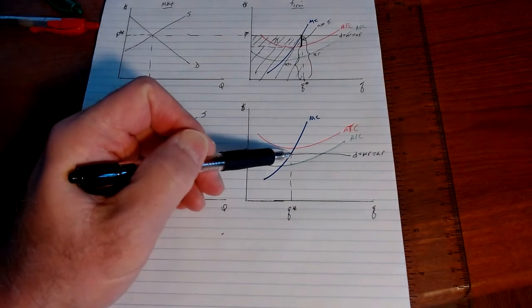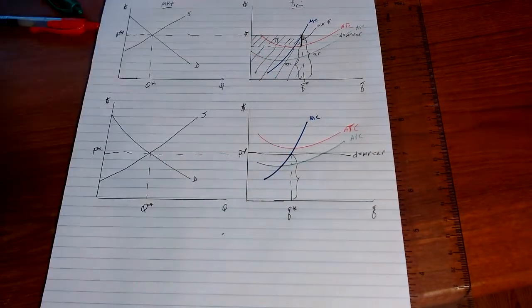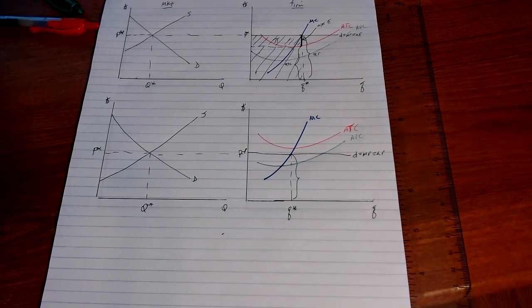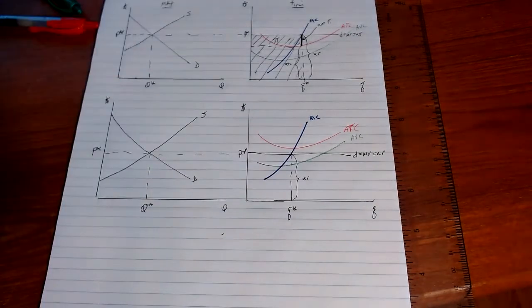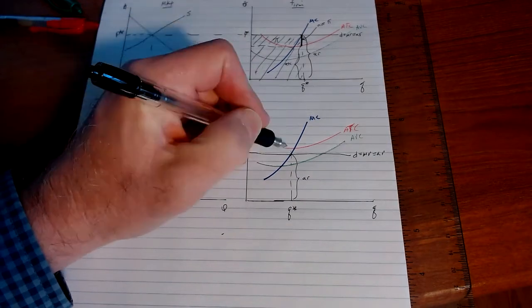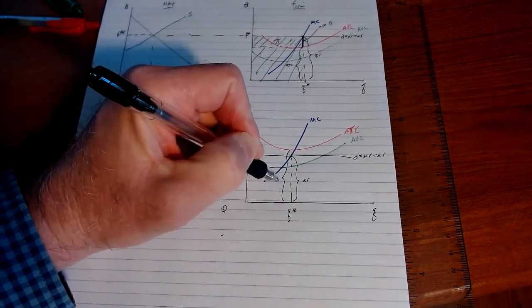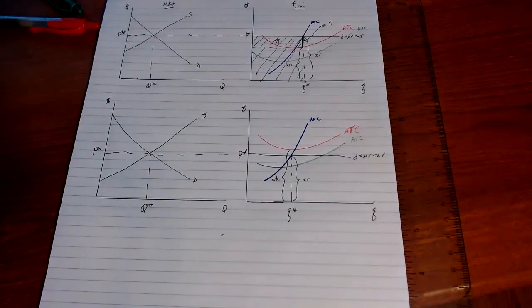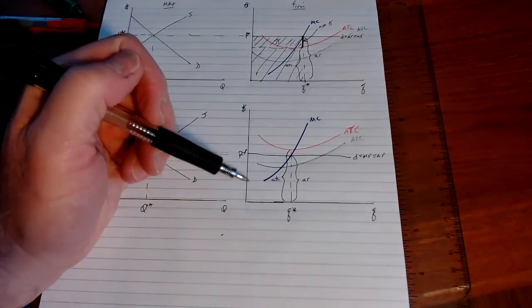The firm's revenue per unit, again, is given by the height of the demand curve at Q star. So this is the firm's revenue per unit, or average revenue. But we have to go all the way up to the cost curve to find the firm's average total cost per unit. And you can see that the cost per unit is greater than the revenue per unit.